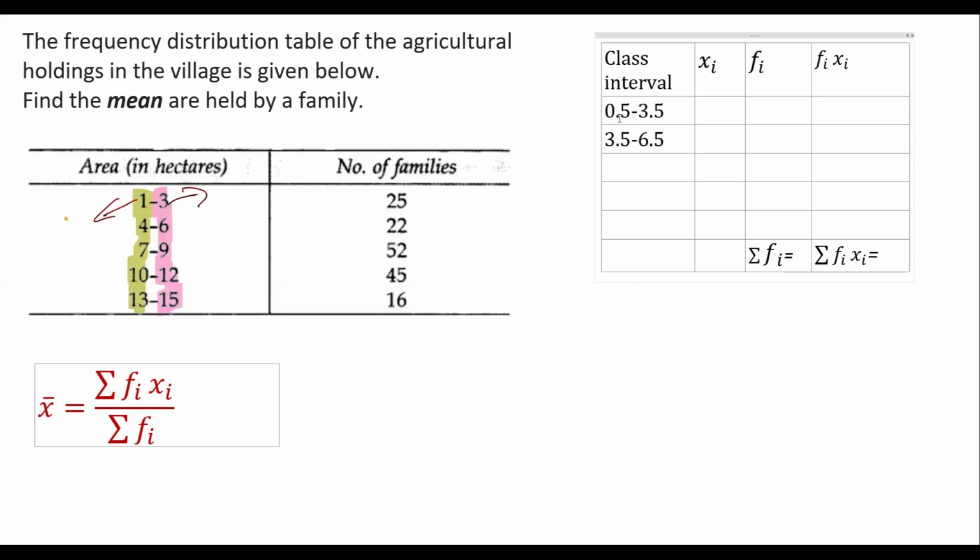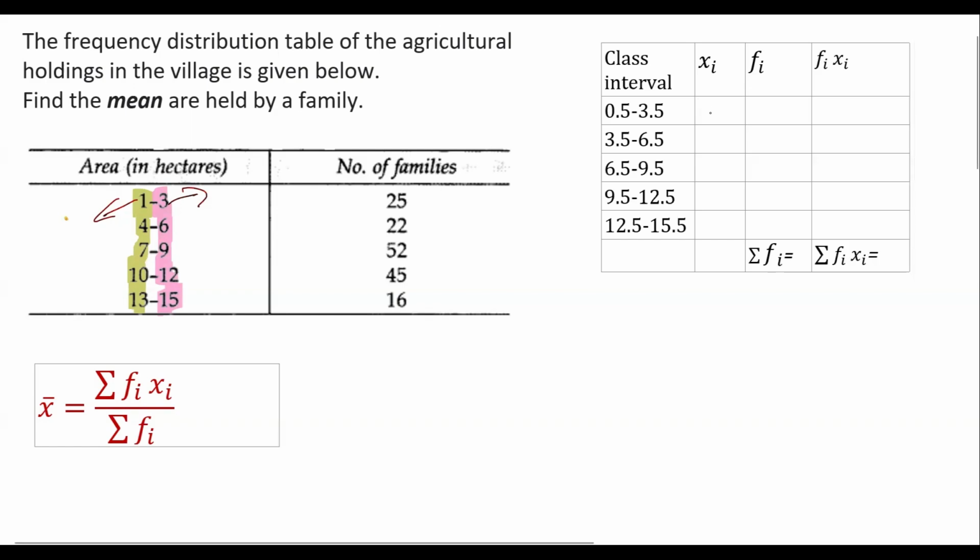The next should start with 6.5 and end at 9.5. Likewise, it should start with 9.5 and end at 12.5. And the last one is 12.5 to 15.5.